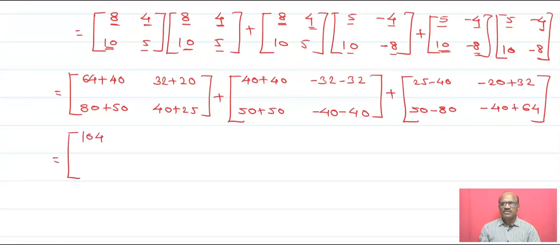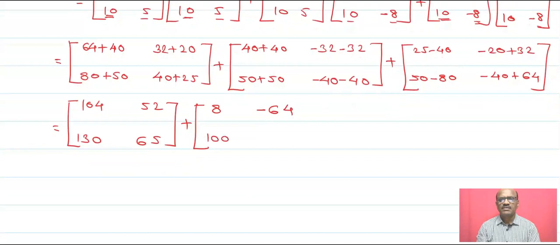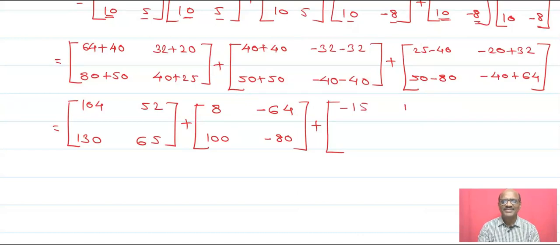You see their addition: 104, 52, 130, 65 plus 80. Plus 80 must be there. I had written 8, but 80 must be there. I will change it.